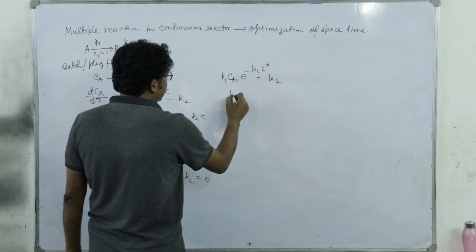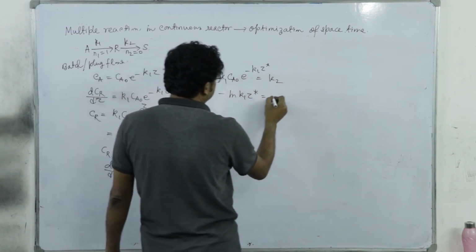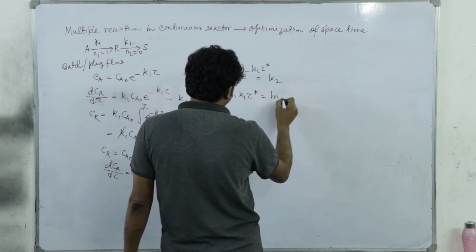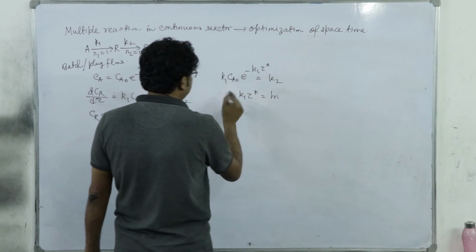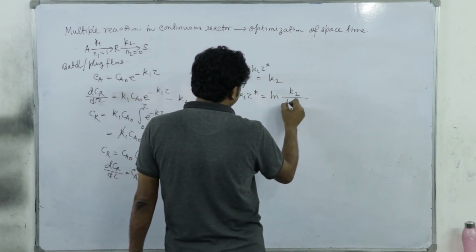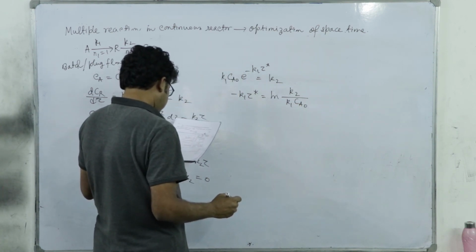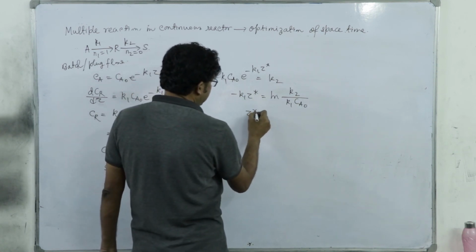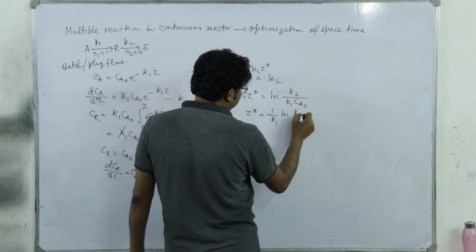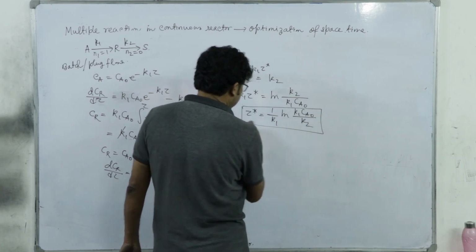So ln of K1 into tau with a minus sign equal to ln, so it will be minus K1 tau, ln of K2 divided by K1 into Ca naught. So tau star is equal to 1 by K1 ln of K1 Ca naught by K2. So that's the optimal time.